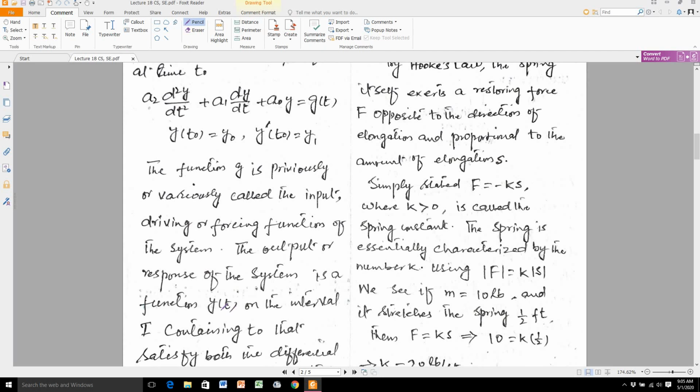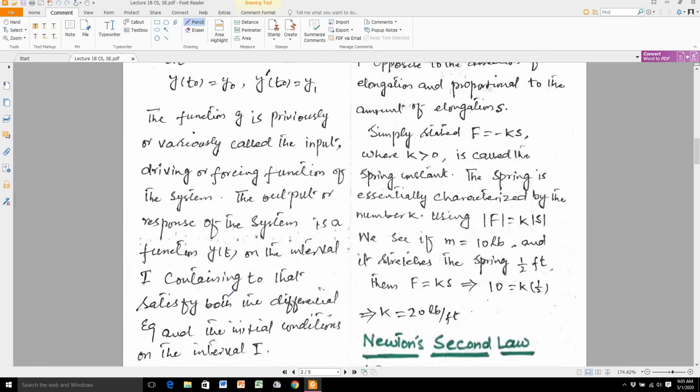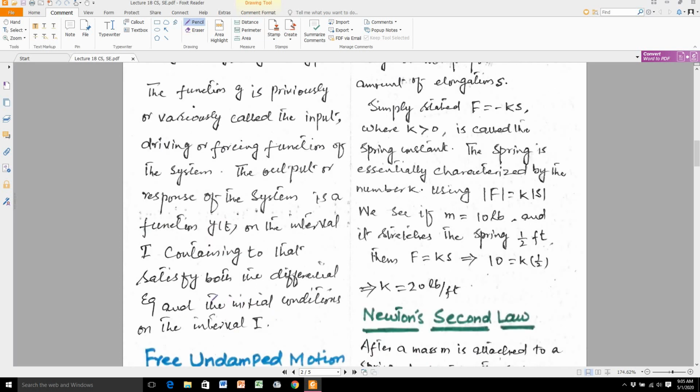This solution must be defined on an interval I, and it must satisfy both the differential equation and the initial conditions on the interval I.